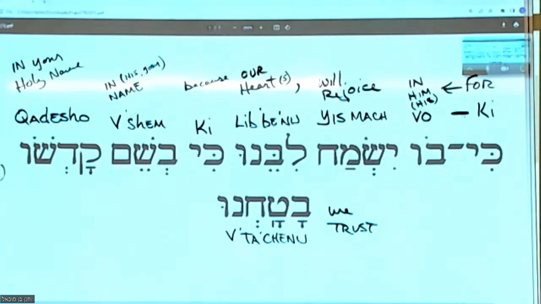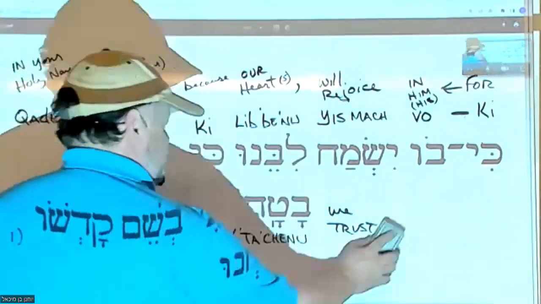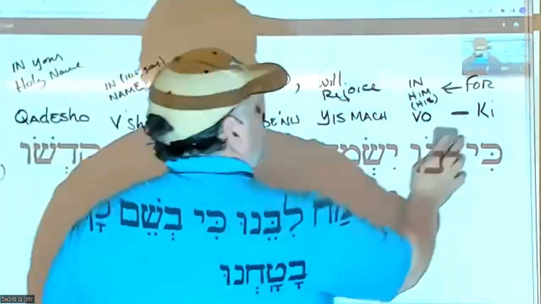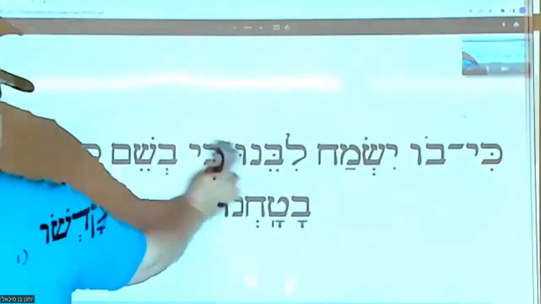So again, we're looking at Psalm 33:21. Okay? Psalm 33, for our heart shall rejoice in him because we have trusted in his holy name. Any questions on this sentence? All right. Well, I'm going to go ahead.